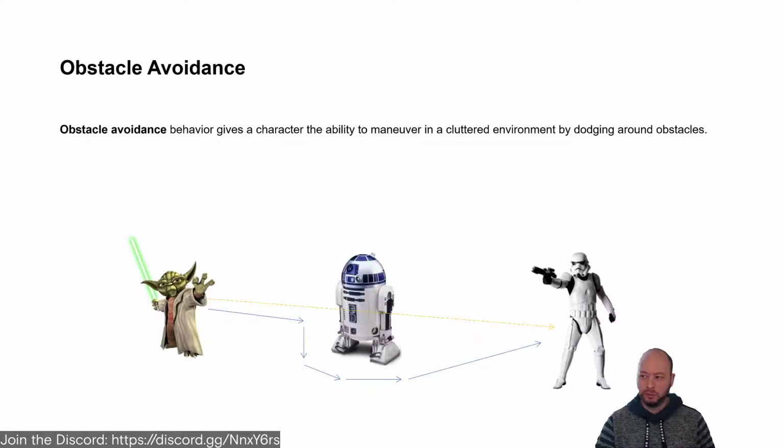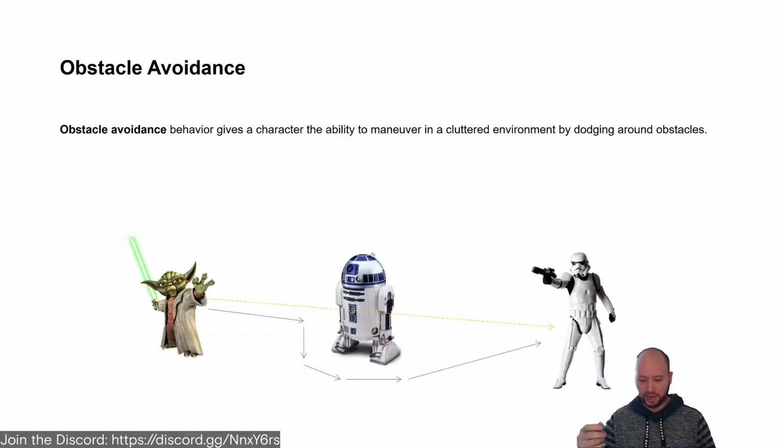So, I'm going to use completely unlicensed Star Wars in this slide deck, which I 100% approve of, so I left it in. In general, obstacle avoidance is effectively just wanting to avoid obstacles.